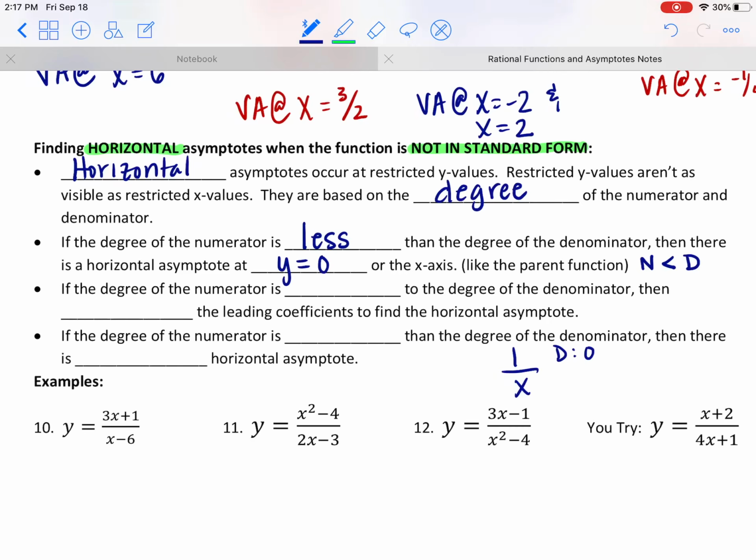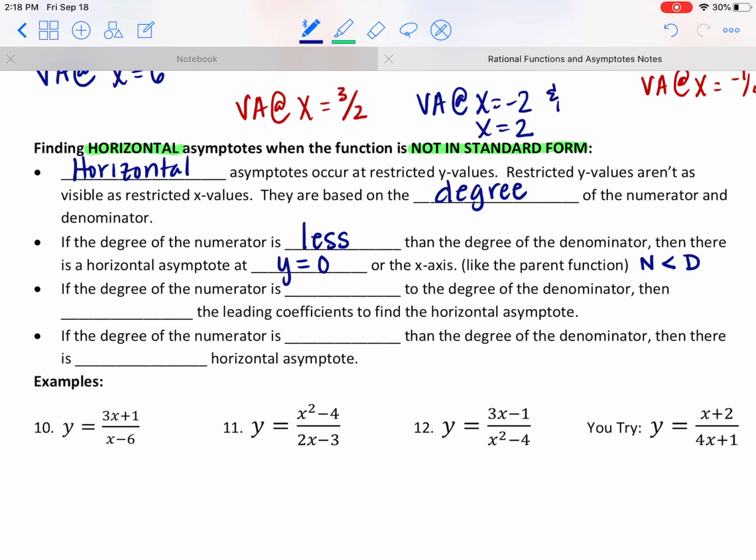Here the degree is 0 because there are no exponents on variables. On the bottom the degree is 1, and 0 is less than 1. And so anytime the degree of the top is less than the bottom, just like the parent function has a horizontal asymptote at y equals 0, so will any rational function with those properties.